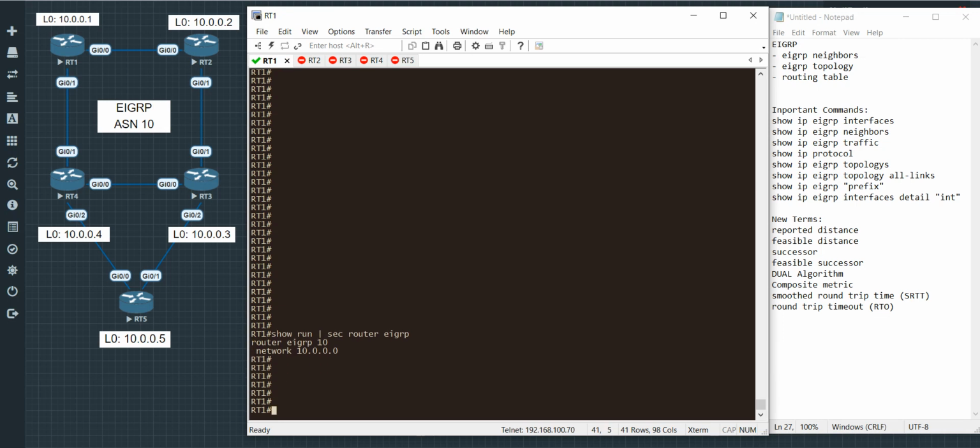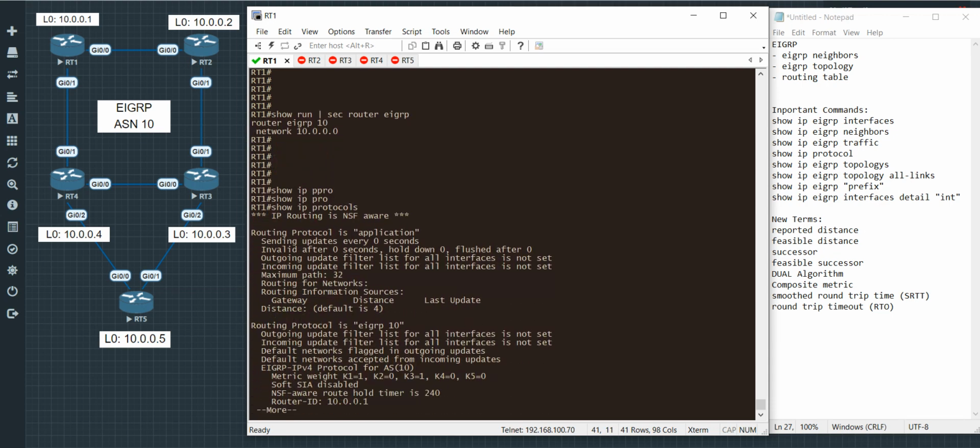When working with routing protocols, the command that I usually like to run first to get an idea of what's configured on our router is show ip protocols.